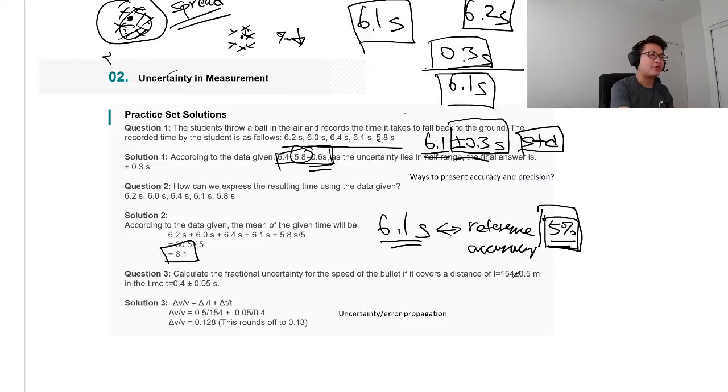However, if we are doing another type of measurement, for instance, measuring the thickness of a coin, and say I have a really thick coin, with 0.5 as the average thickness, say in millimeters.